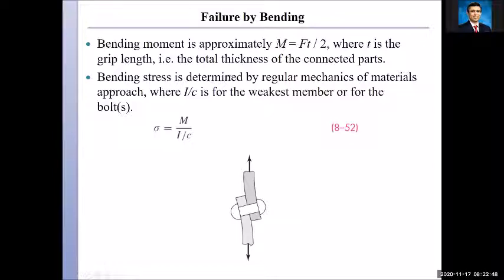Bending stress is determined by the regular solid mechanics approach, where sigma is equal to M over I times c, where I over c is used for the weakest member or for the bolts. So we find an equivalent moment of inertia for the bolts to find the bending of either the members or the bolts. This is the first type of failure, which is failure by bending.